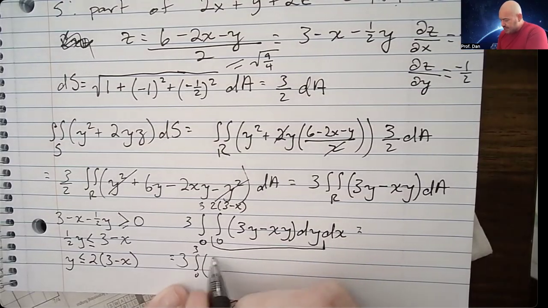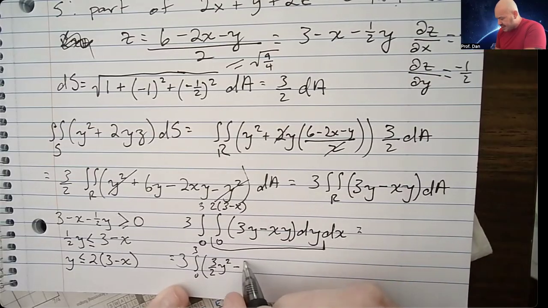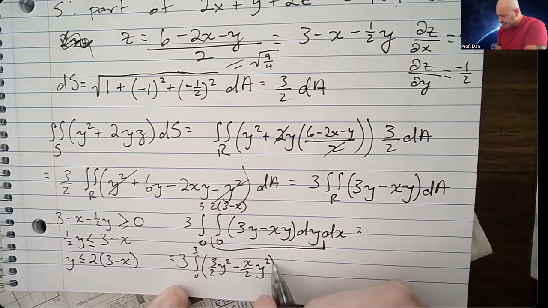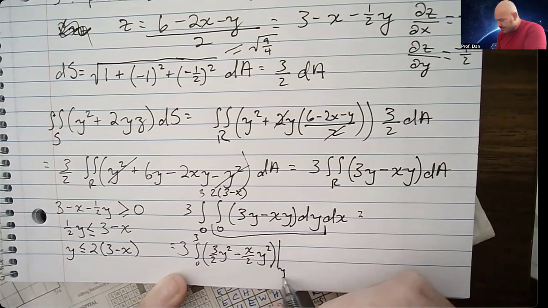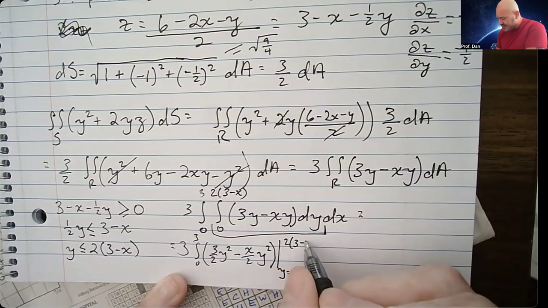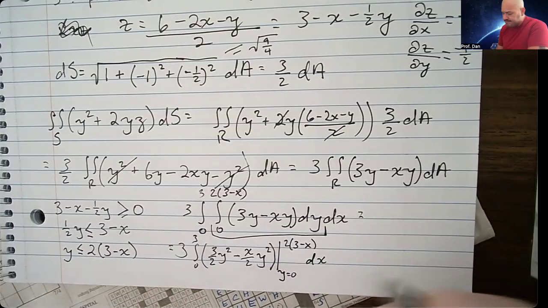So that's going to give me 3 halves y squared minus x halves y squared. We're going to evaluate that from y equals 0 to y equals 2 times 3 minus x, and then integrate with respect to x.